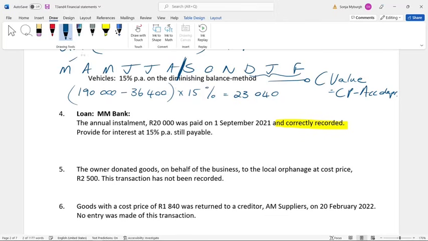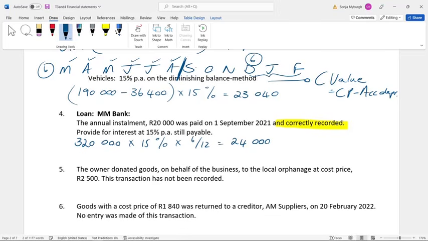So if we count 1, 2, 3, 4, 5, 6 months, and then 1, 2, 3, 4, 5, 6 months after we've paid the 20,000. Now we've seen that the loan amount given is 300,000, but that was after we repaid. So at the beginning of the year, it was 320,000. 15% per annum for 6 months. And that gives us a 24,000.